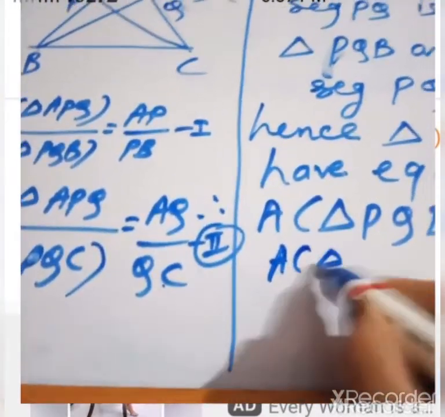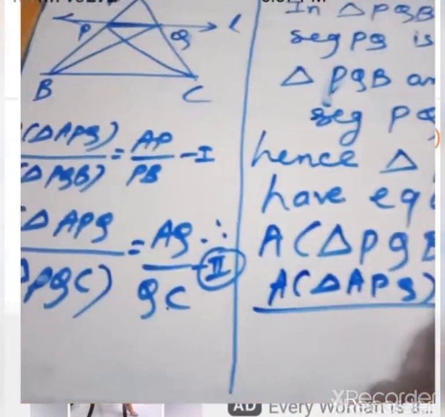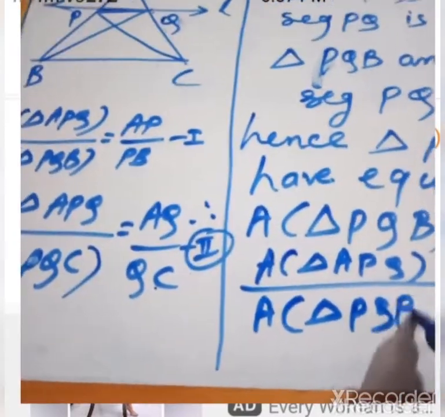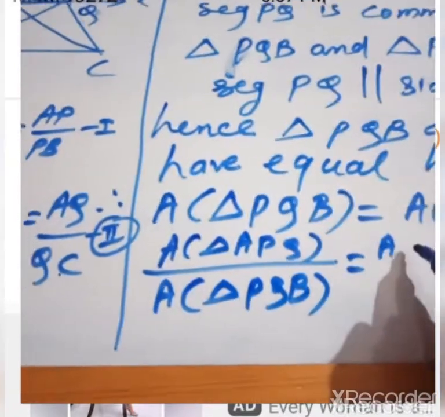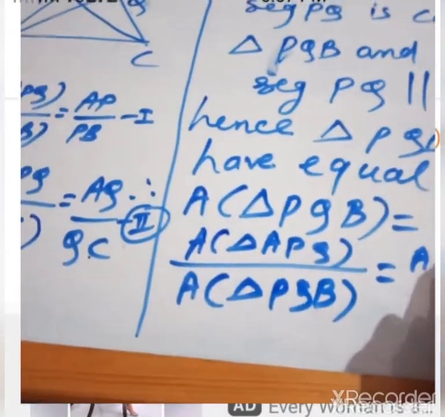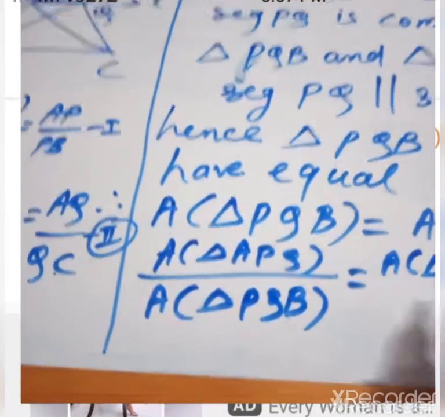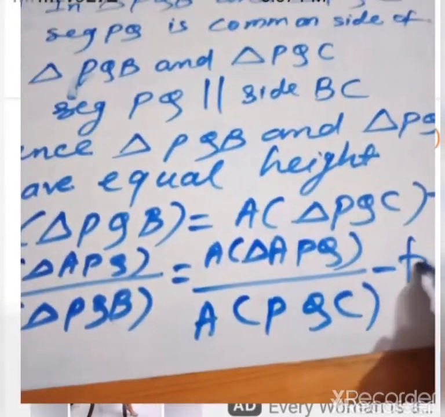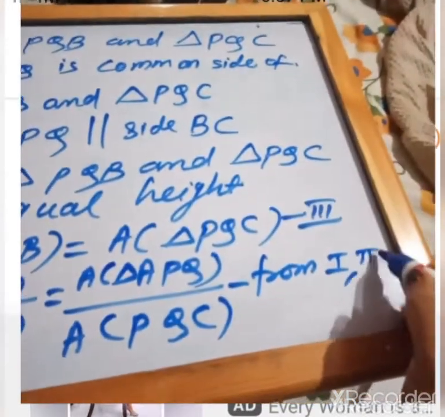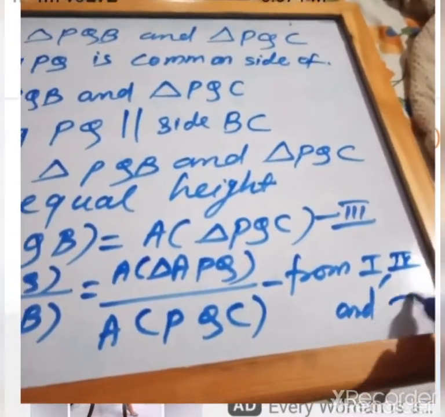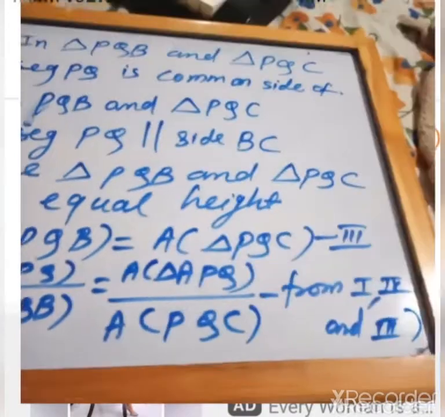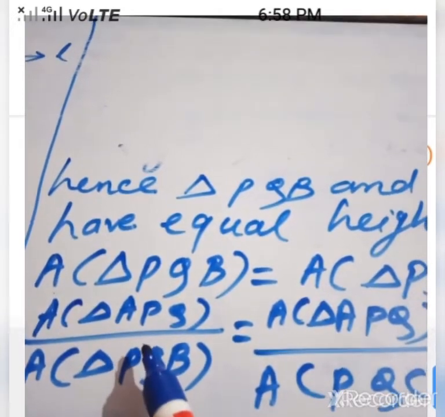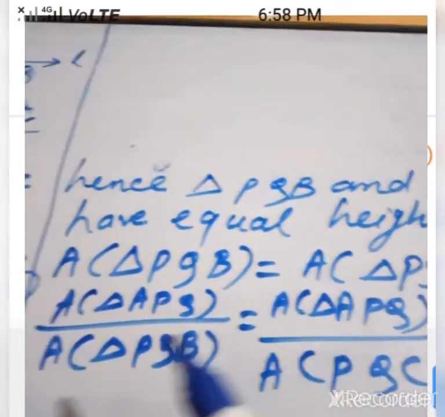Then write area of triangle APQ upon area of triangle PQB is equal to area of triangle APQ upon area of triangle PQC. Right, from sentence first, second and third, this is the left side and this is the right side.